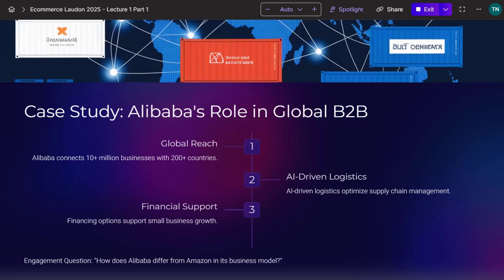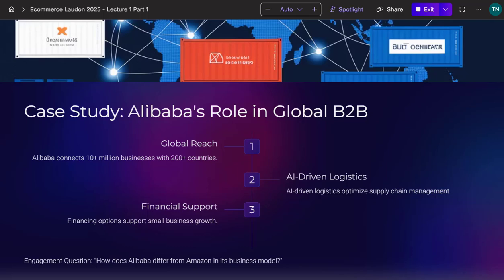Alibaba is a leading global B2B e-commerce platform connecting over 10 million businesses across 200-plus countries. Its global reach allows small and medium-sized businesses to access new markets and customers worldwide.